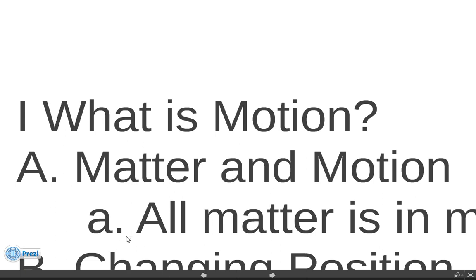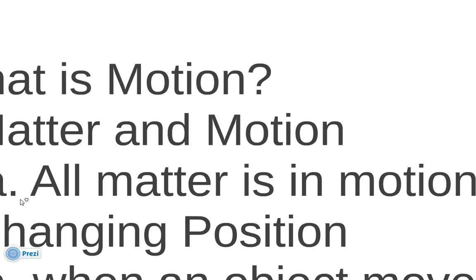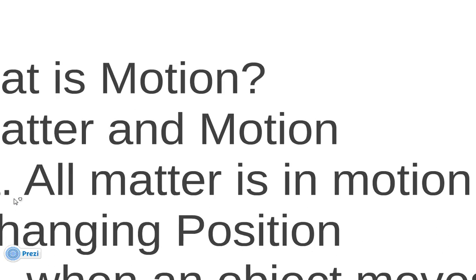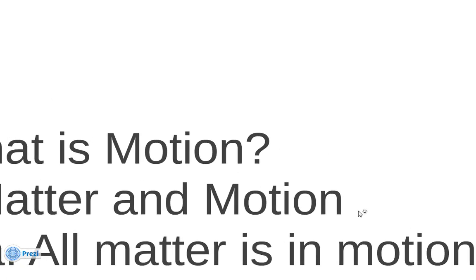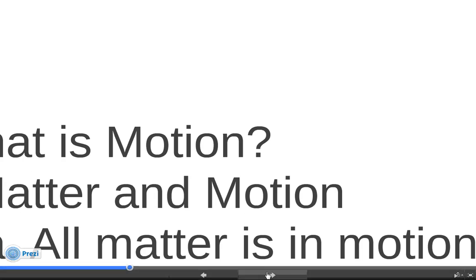So you're going to write small a, and you're going to write that all matter is in motion. Write this right here. All matter is in motion. I didn't use the red this time. Is that a problem, Parker? I'm not sure.